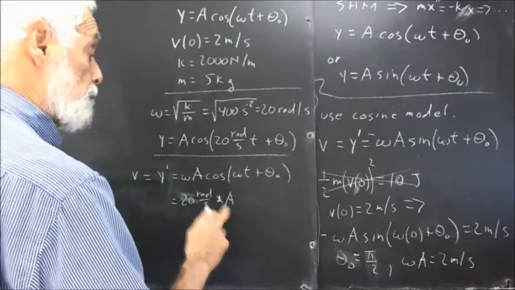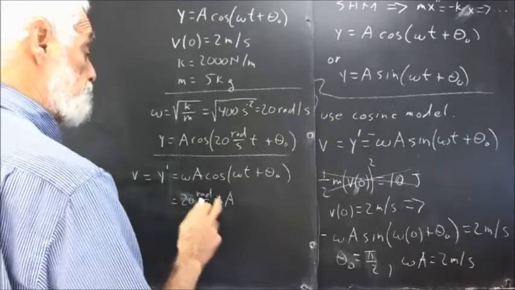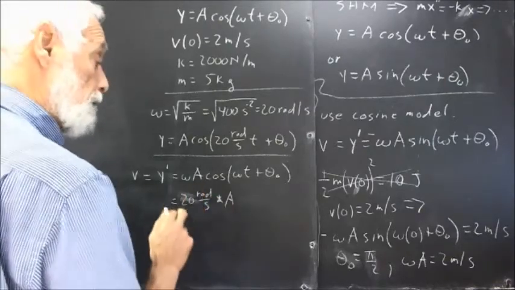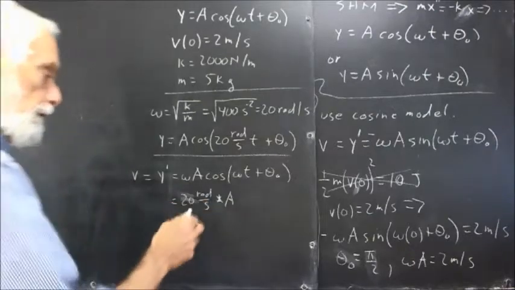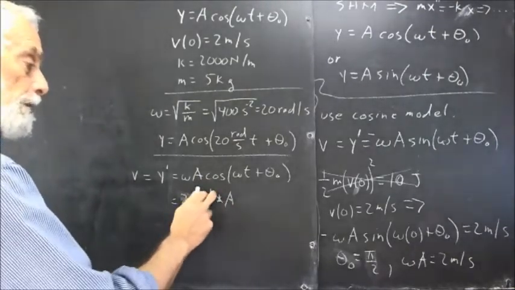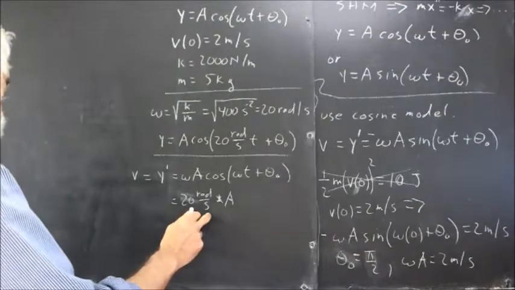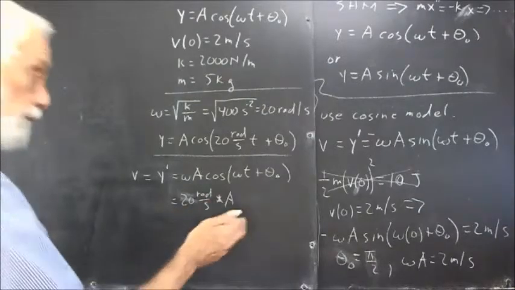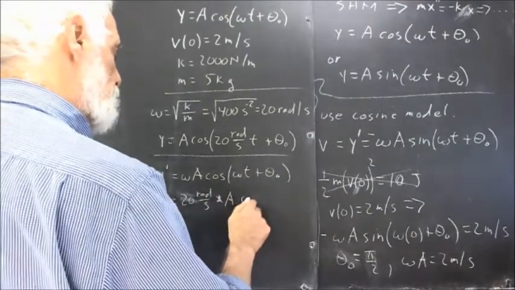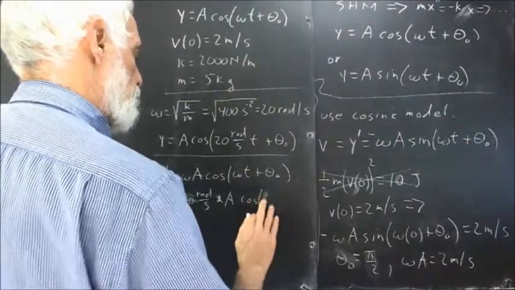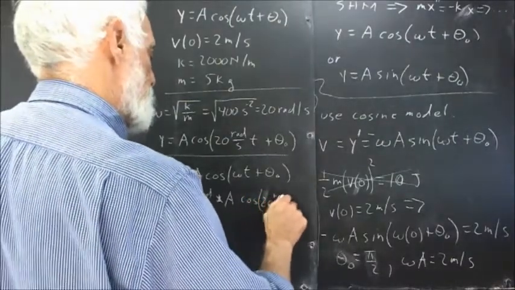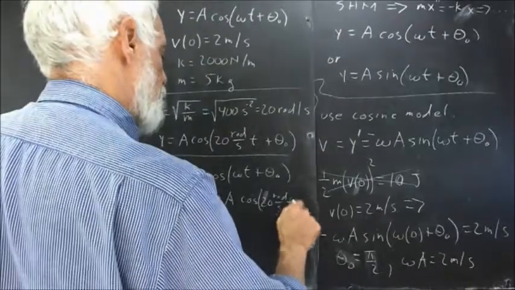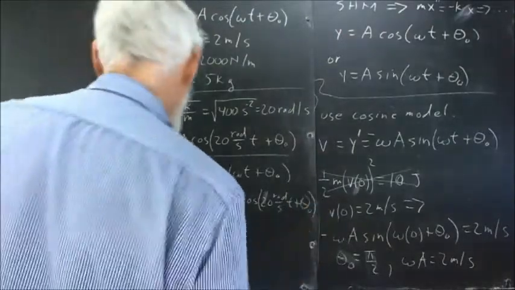So we multiply those distance units by radians, and we're going to get arc distance. So the radian will become the distance unit. And then that's times the cosine of 20 radians per second times t plus theta naught.